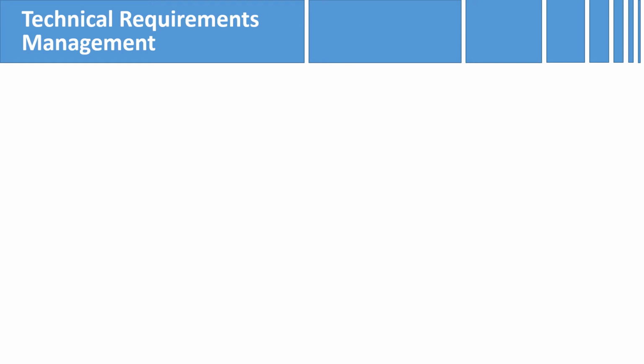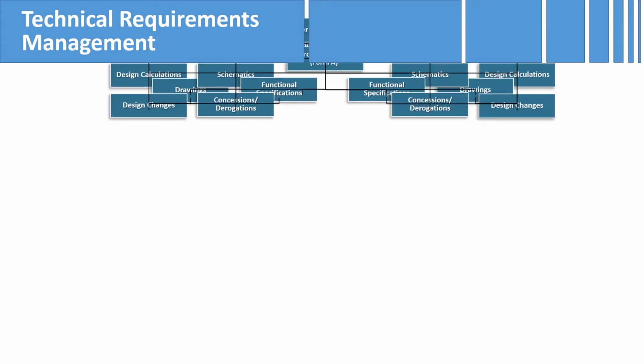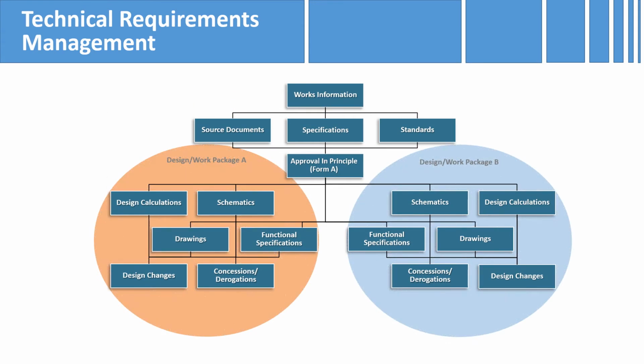It is not uncommon for a change to occur during the detailed design stage, and it is therefore critical that we keep track and manage the change to ensure that related and effective requirements are still being met. Here we have an example of typical design inputs and outputs, and to help highlight the importance of requirements traceability, we have split the design scope into two packages, package A and B. For the purpose of this example, let's say that one of the standards has changed.